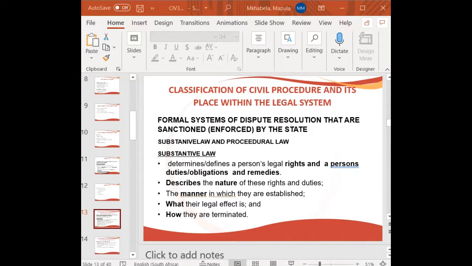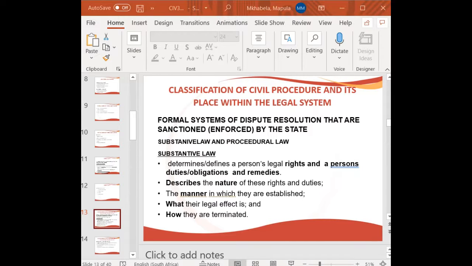Substantive law defines the content of a person's legal rights, duties and remedies. Therefore, this is the substance of the law that describes the nature of these rights and duties, the manner in which they are established, what their legal effects are, and how they are terminated.